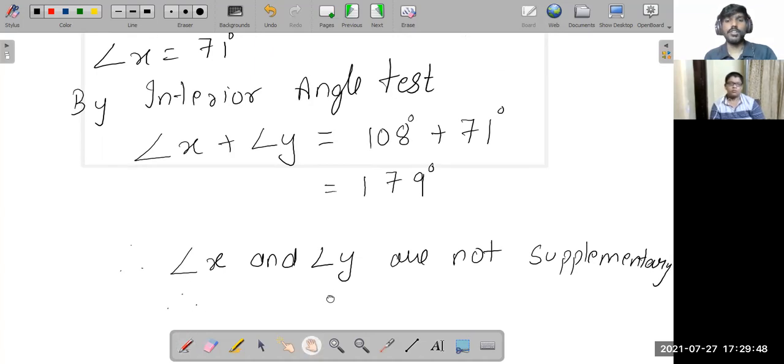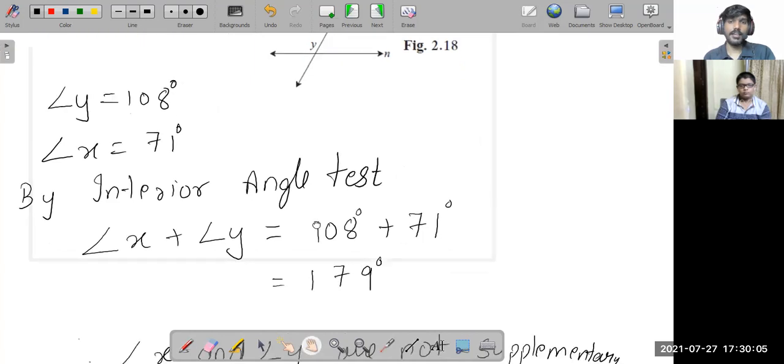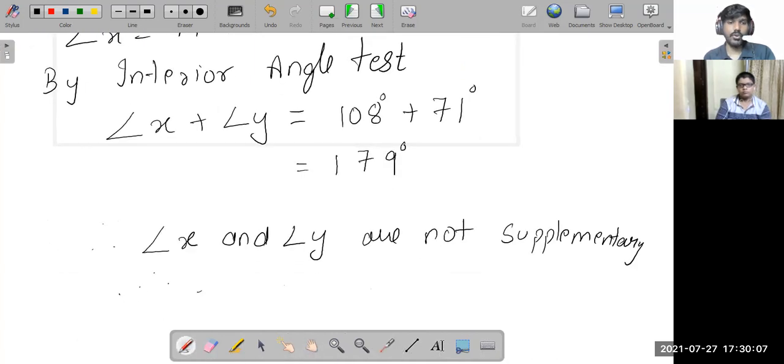Therefore, since they are not supplementary, what will we say about M and N? They are not parallel to each other. So the last line: therefore, lines M and N are not parallel to each other.